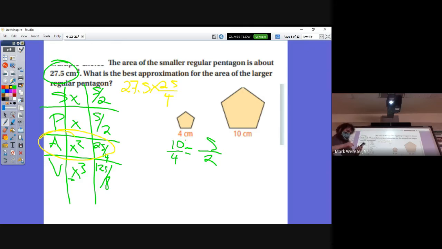So we multiply by the area scaling factor. And my units are centimeters squared, right? Centimeters squared. You could do that by hand if you wanted to, but why? Especially if you've got a calculator.